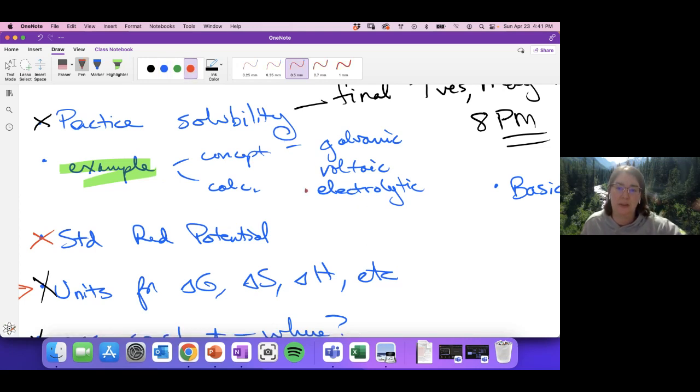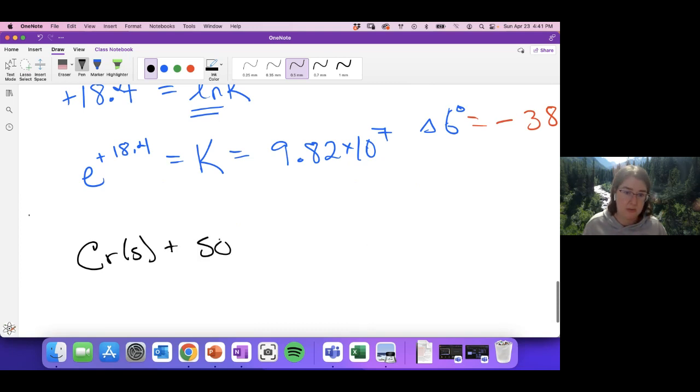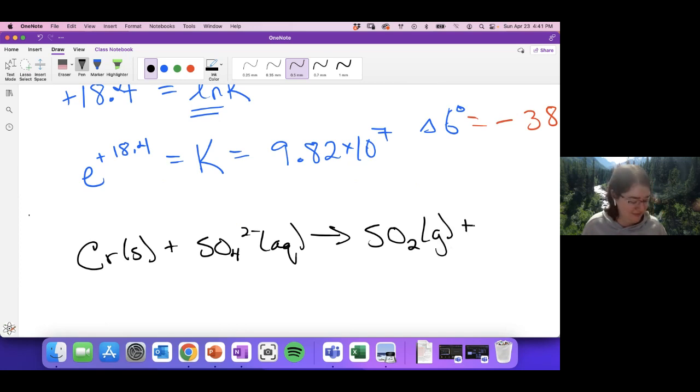Don't forget that we also need an electrolytic one. Okay, so we are going to do this guy. Chromium solid plus the sulfate anion, aqueous. I will write out the states of matter for now.